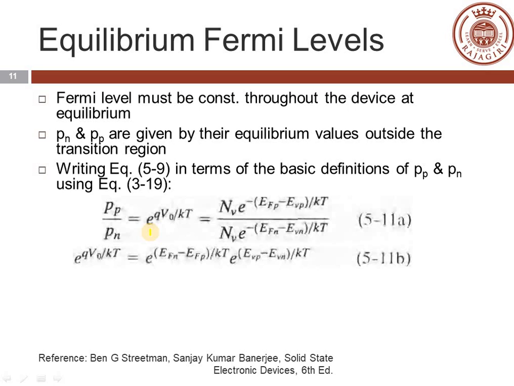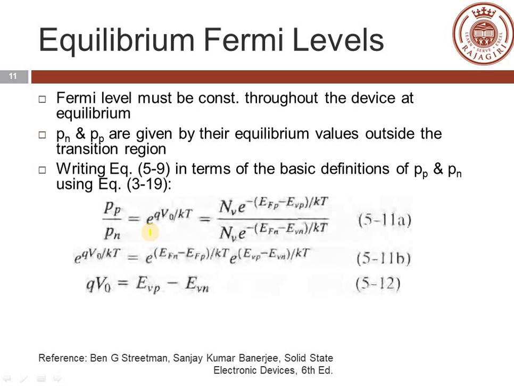Now rearranging this particular equation, because at equilibrium EFP and EFN are equal, e to the power EFN minus EFP will be e to the power 0, which is equal to 1. Hence we can write q V0 is equal to EVP minus EVN.